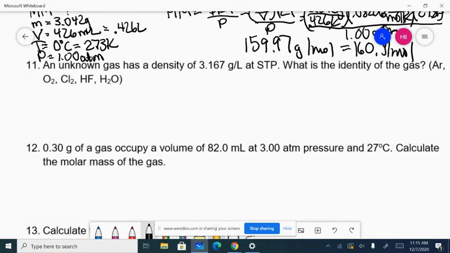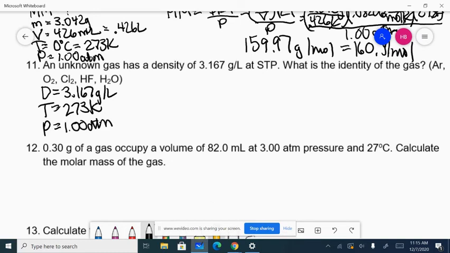An unknown gas has a density of 3.167 grams per liter at STP, which is 273 K and 1 atm.